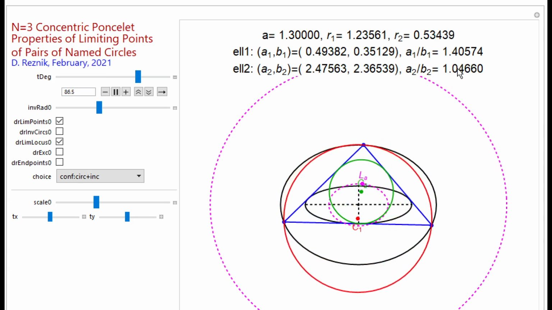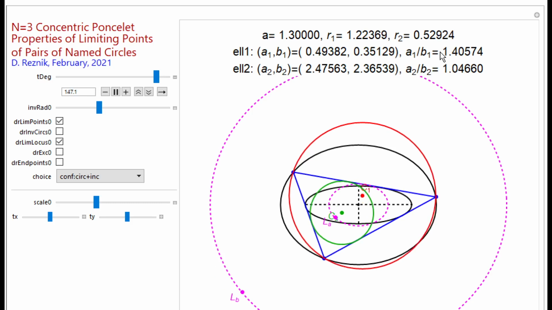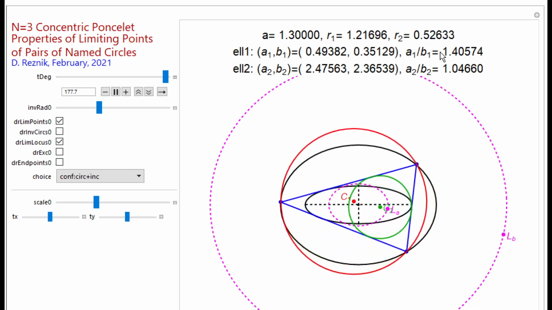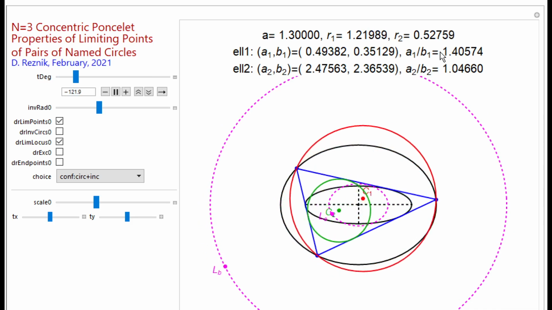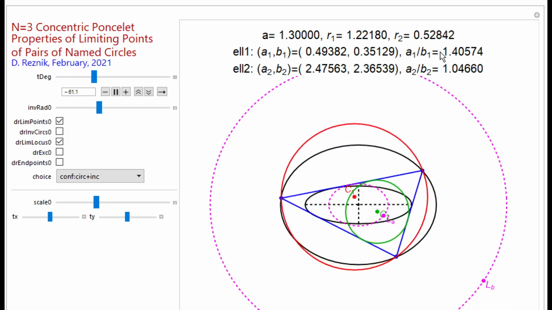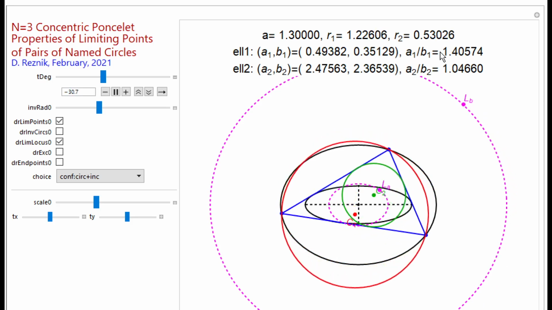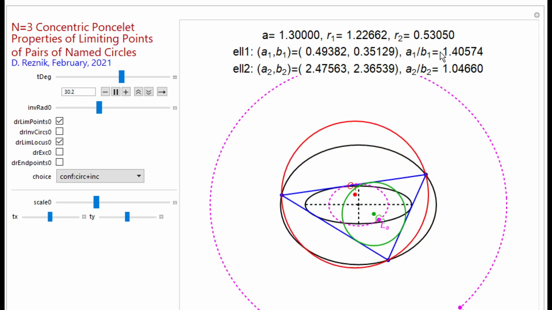You can see the ratio of axes, their aspect ratios, are those numbers. These are loci. But it is a sufficiently interesting and rare phenomenon that we've picked out two pretty well-known circles, the incircle and the circumcircle, and their limiting points move along ellipses.